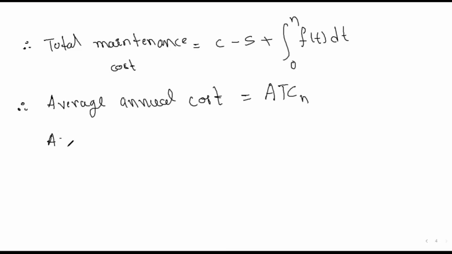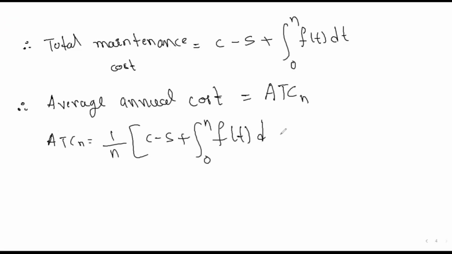So it is given by, we want average, it is total. We know that average is nothing but sum of the observations divided by number of observations. So it is 1 by n into C minus S plus integration 0 to n f of t dt, right? So this is nothing but average annual cost, that is 1 by n into C minus S plus integration from 0 to n f of t dt, right?